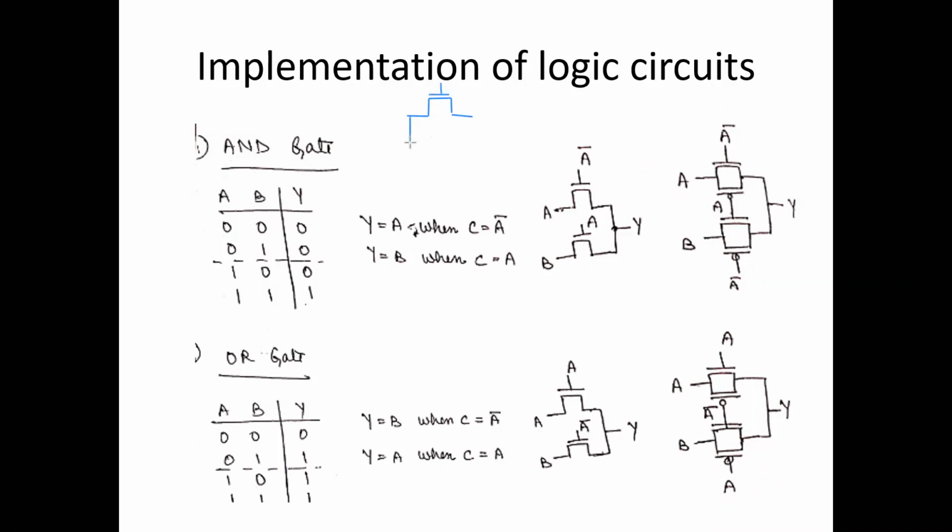If you have to implement a transmission gate, a replica, a PMOS, you can just write a PMOS for this. This will be the PMOS. You have to put one small bubble here.